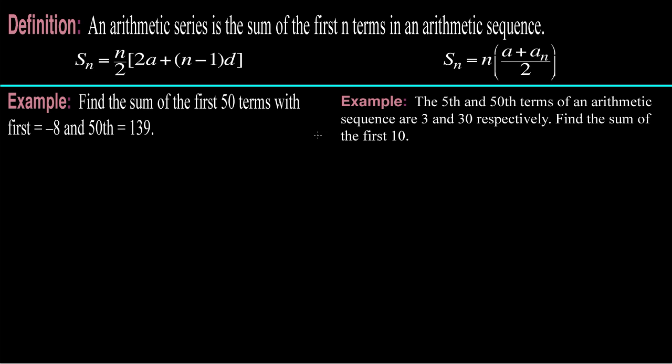So to use these formulas, two examples: find the sum of the first 50 terms with first term -8, so a1 is -8, and 50th term 139, so a50 equals 139.